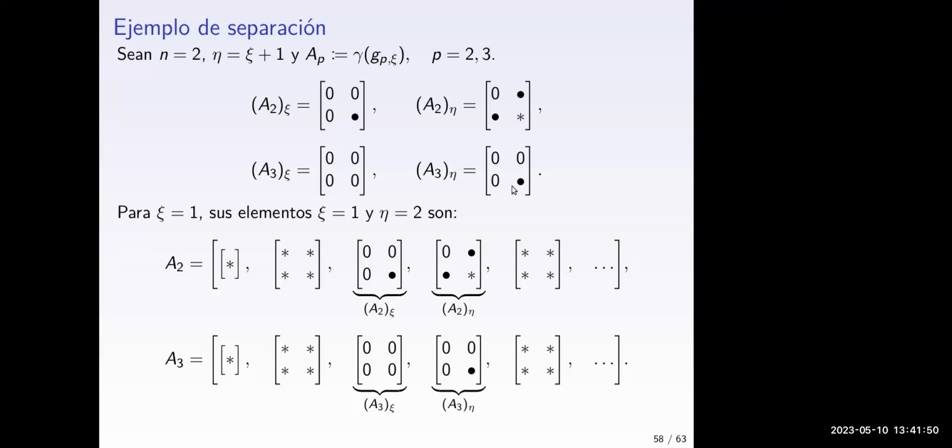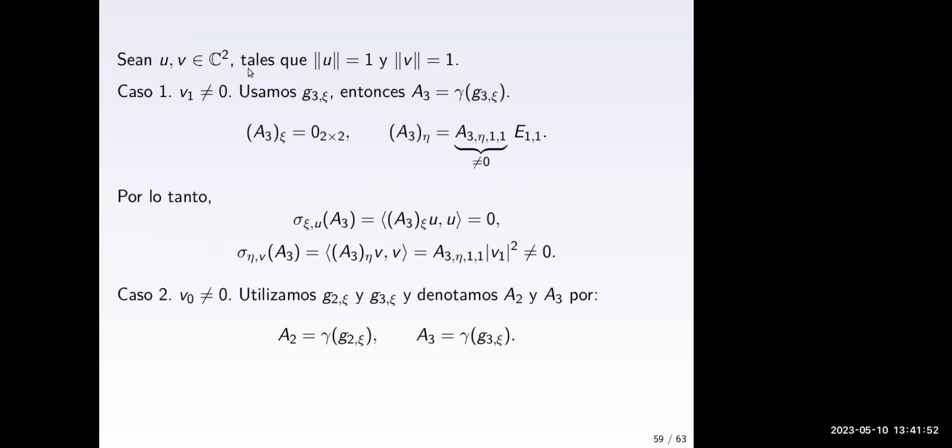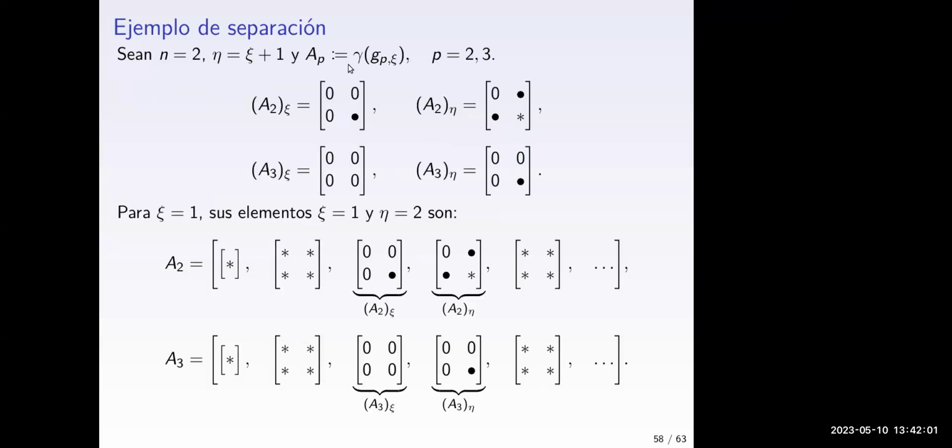Well, let U be these two. I'm sorry, Moisés. Do you hear me? On the previous page, what is the main idea: for Xi equal 1, for this frequency, this set of matrices is not rich enough. We have the 0 matrix, yes?